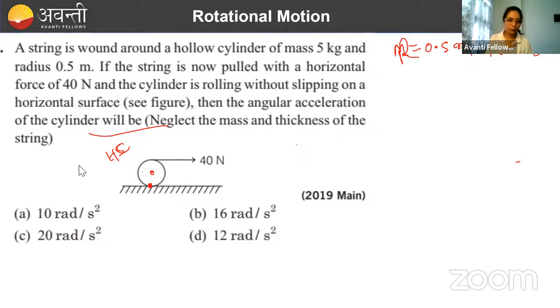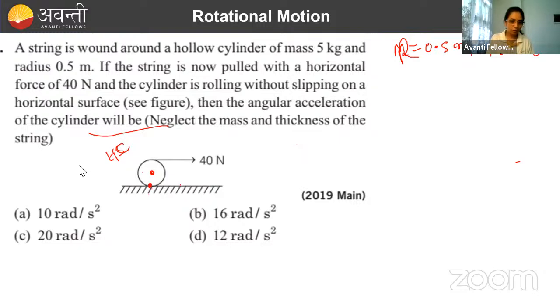So take any one of these two points around which you calculate torque. Center of mass is convenient, so around the center of mass, calculate torque. Now, rolling is possible only if there is friction on the surface. Means the surface is not frictionless, so there must be friction.